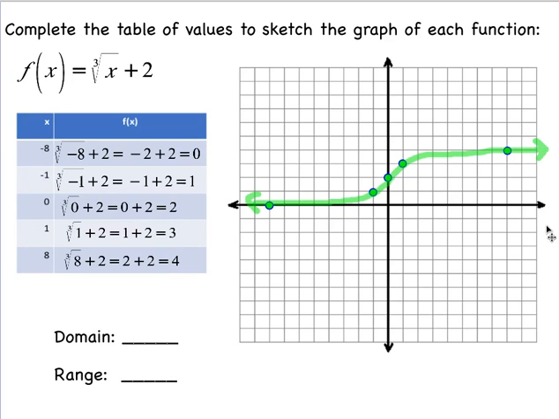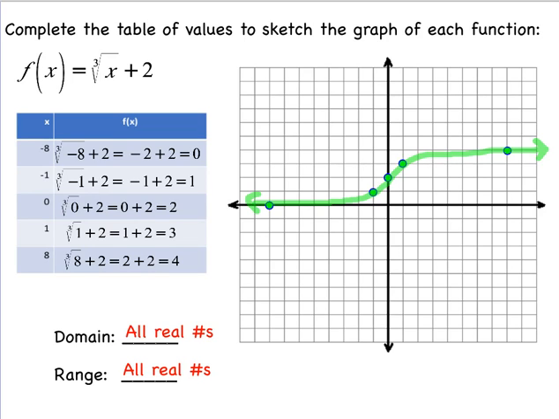Okay, so as you can see, once again, we do not have any restrictions on the domain, so we have all real numbers, and we do not have any restrictions on the range, so we have all real numbers as well.